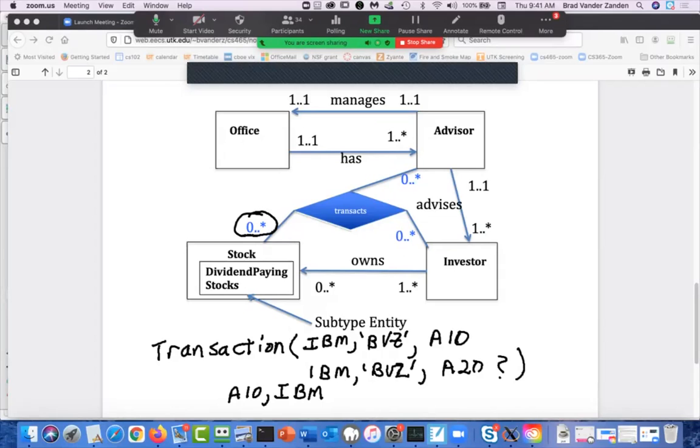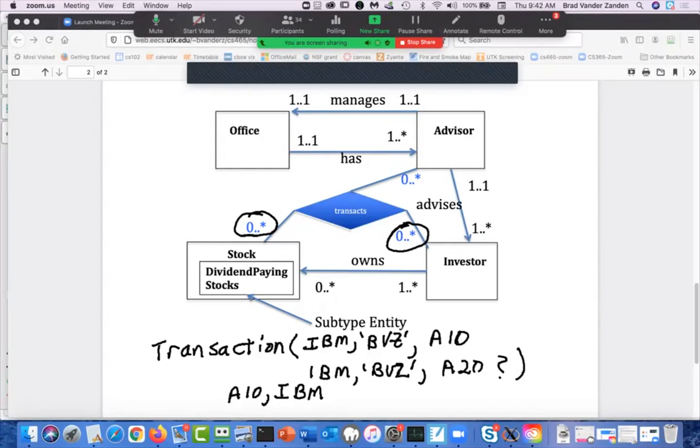Maybe 0, maybe none of their investors have purchased IBM, but as an investment advisor, I may sell IBM to client A, to client B, to client C. So an advisor is allowed to sell a stock to 0 or arbitrarily many investors. So it would be 0 to many.